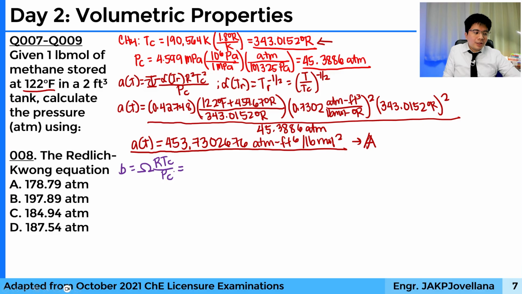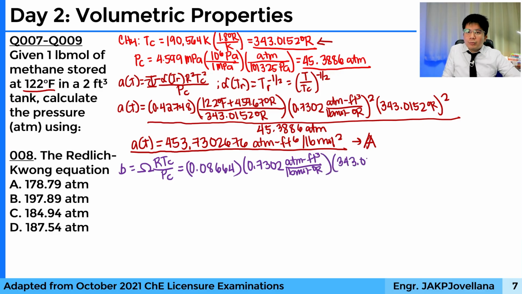For the Redlich-Kwong equation, the value of omega is 0.08664, and then use the same values for R Tc over P. So 0.08664 times R, which is 0.7302 atmosphere feet cube per pound mole degrees Rankine, and then Tc is 343.0152 degrees Rankine, and then over Pc, which is 45.3886 atmospheres.